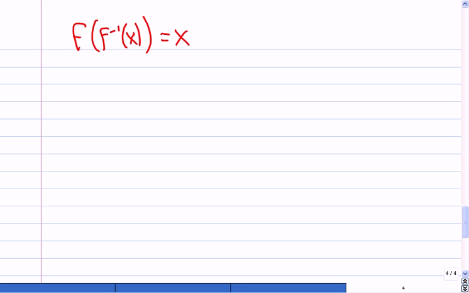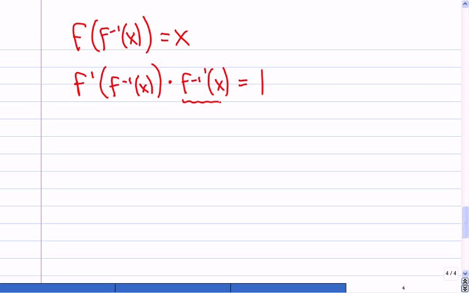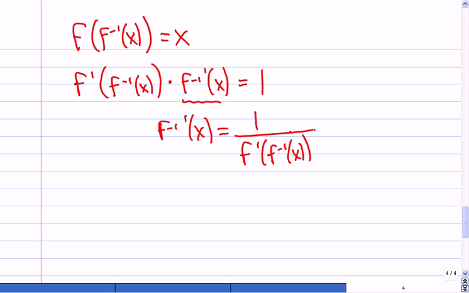And the reason this is helpful is I don't have to memorize this rule. If I differentiate both sides, I'll get chain rule here. So that's the derivative of the outside times the derivative of the inside. And then I can solve to figure out the inverse derivative. The inverse derivative equals 1 over f prime of the inverse at x. Okay.